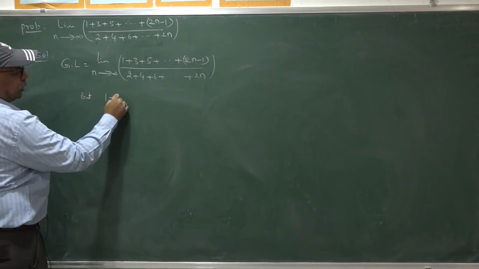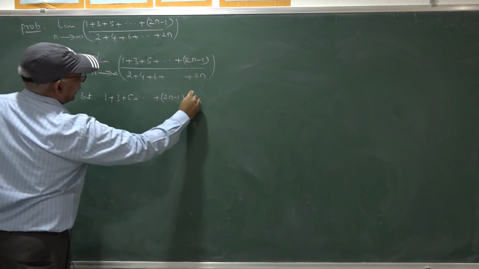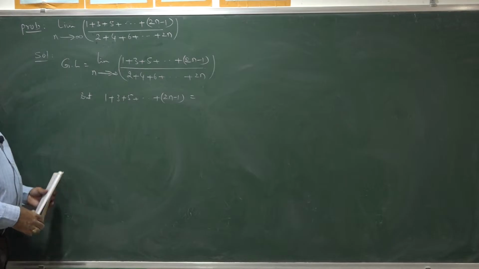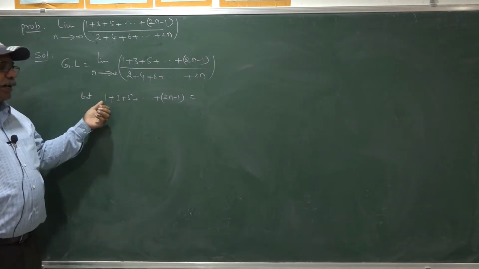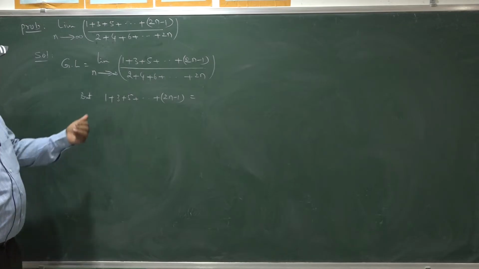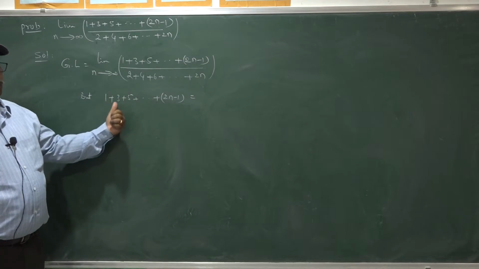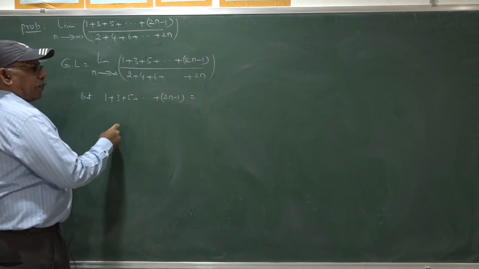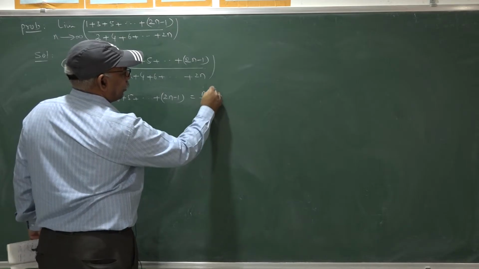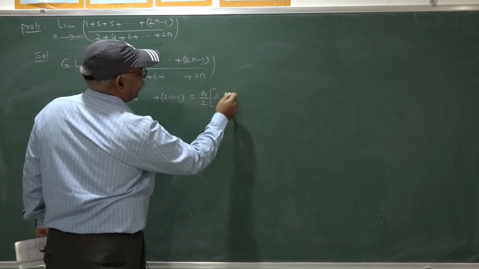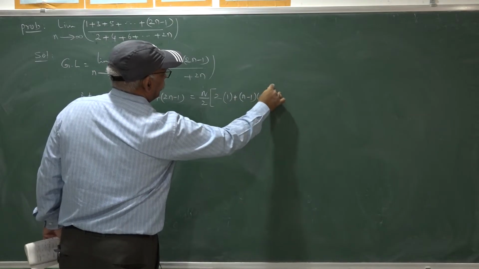Now 1 plus 3 plus 5 and so on to 2n minus 1: these are all terms in AP, whose initial term A is 1 and common difference is 2. In AP, the sum of n terms is given by n by 2 into 2A plus n minus 1 into D, that is 2.